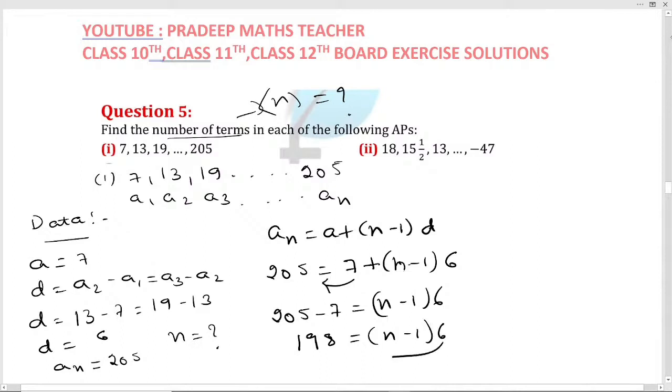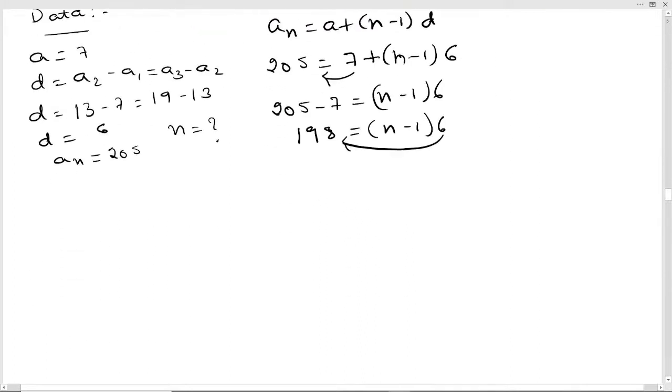Now send the 6 to the left hand side, so it will become divide. So 198 divided by 6 equals n minus 1. Now just divide this. 6 threes are 18, and 6 threes are 18, so 6 33s are 198.